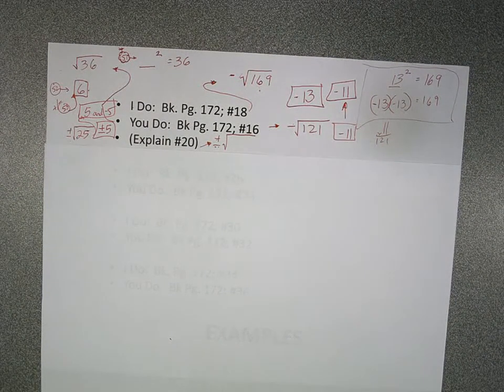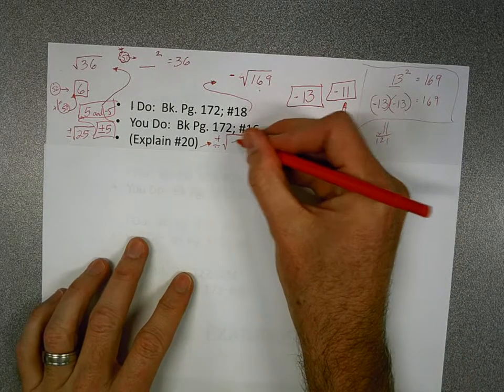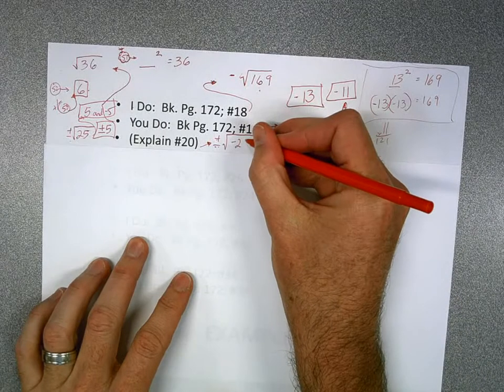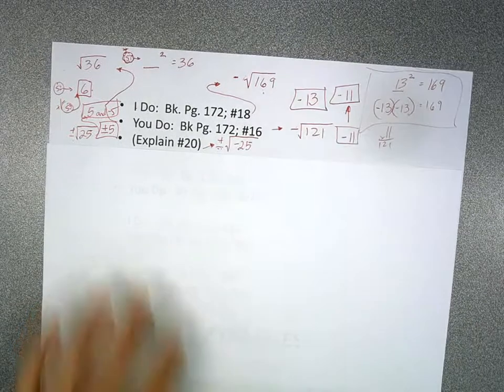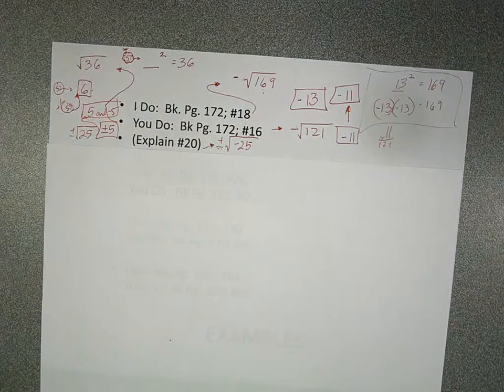However, that's not the main reason why I wanted to talk about number 20. Take a look at what's inside the radical sign. A negative. Is there any number that, when you multiply it with itself, that's what a square is, gives you a negative answer? No. If both of your factors are positive, a positive 5 times a positive 5, what are you going to get?